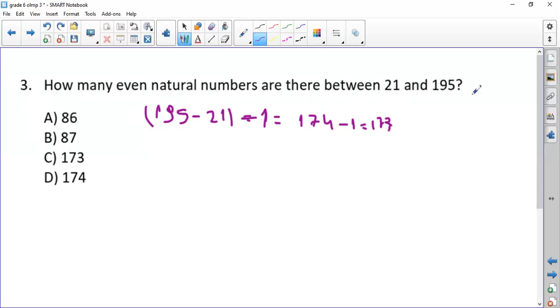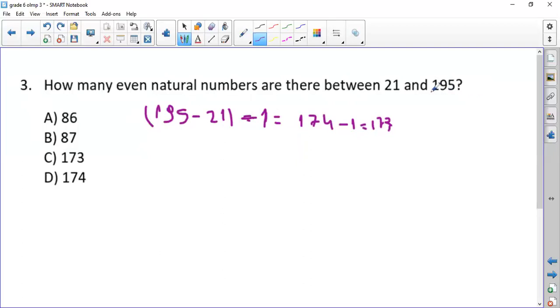How many of them are even numbers? We know that the even numbers and odd numbers between two numbers will be the same in count. That's why half of this will give me the even numbers.